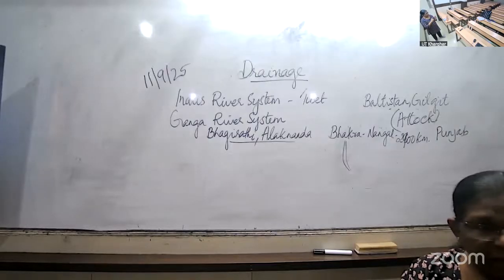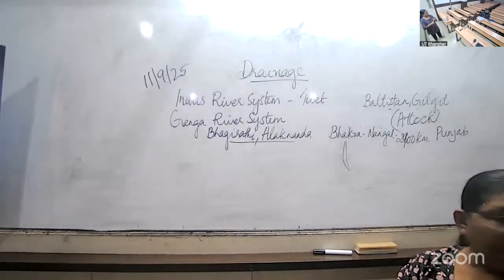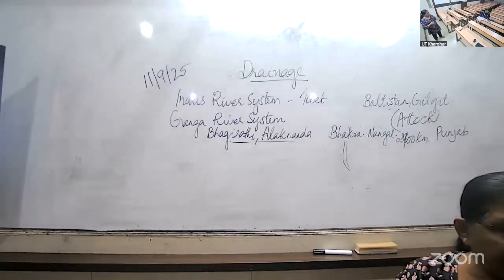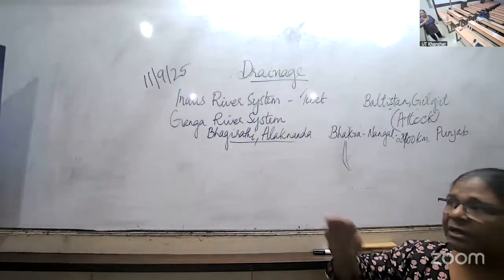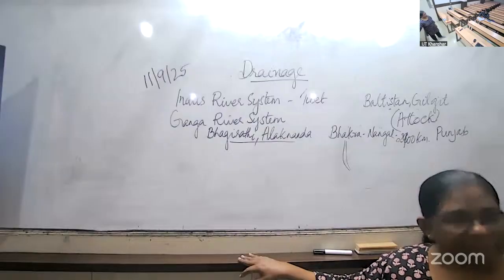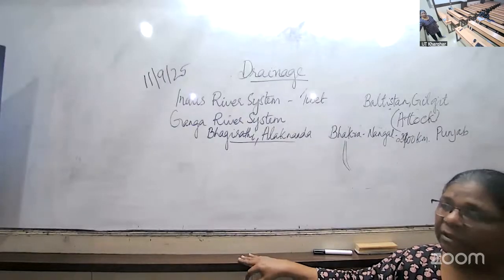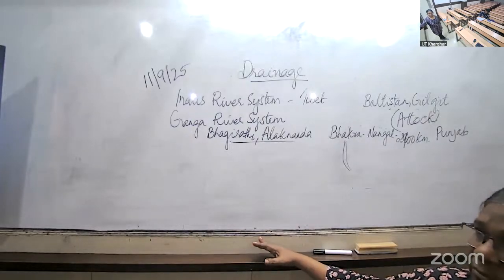Which are they? Chambal, Betwa, and Son. As they pass through arid or semi-arid regions, they do not have that much water, but still they help in bringing silt, so that the northern plain is formed by these rivers. Okay.